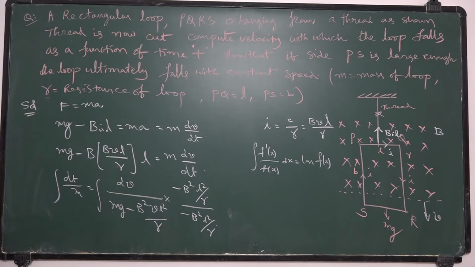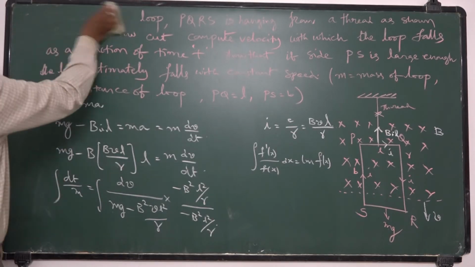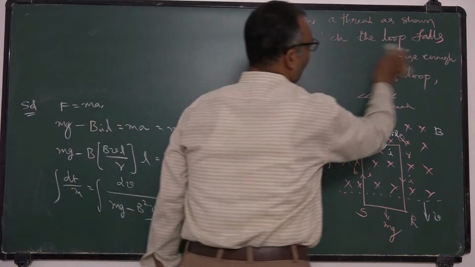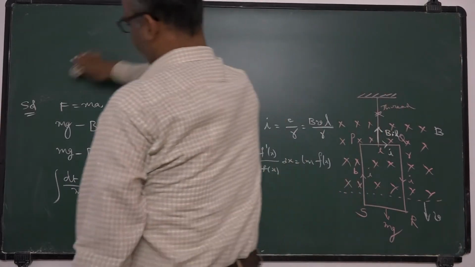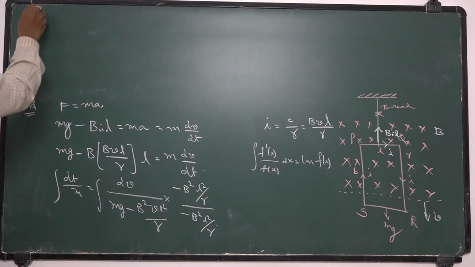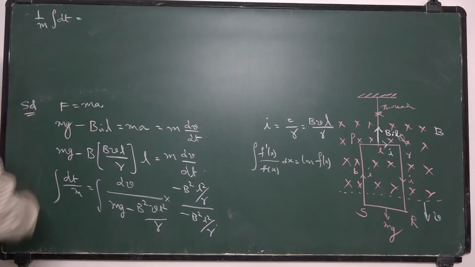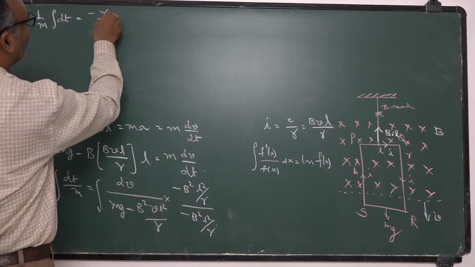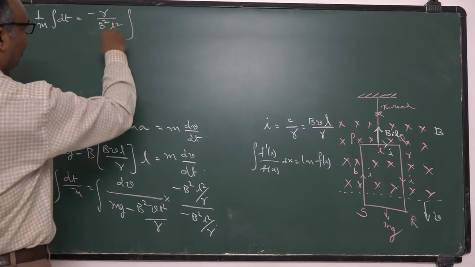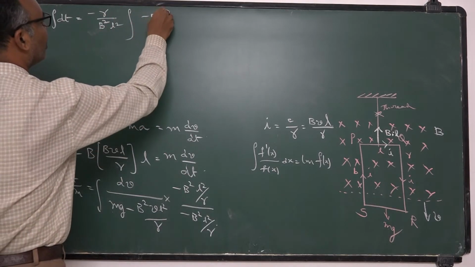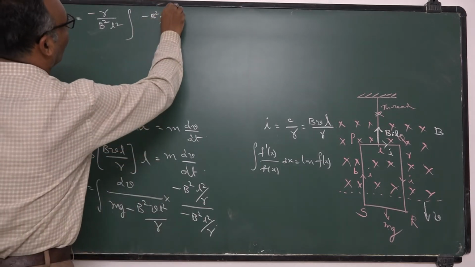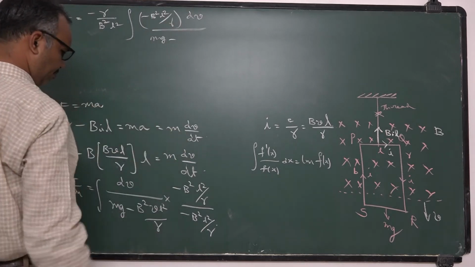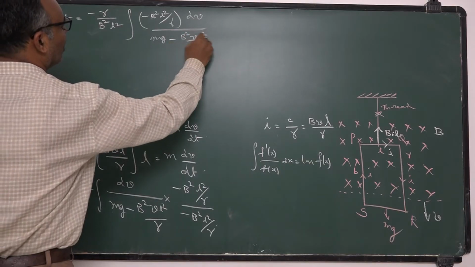If you rearrange, one by m into integral dt is equal to minus R by B square L square integral of minus B square L square by R dv by mg minus B square v L square by R.